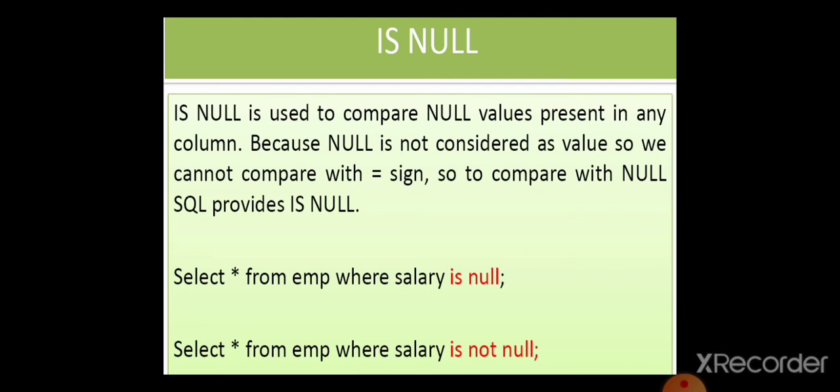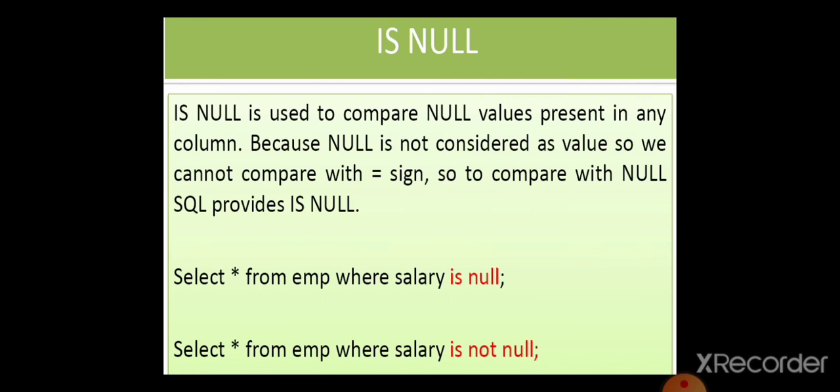Look at the query: select star from employee where salary is null. Any employee whose salary column has a value of null will be displayed in the output.